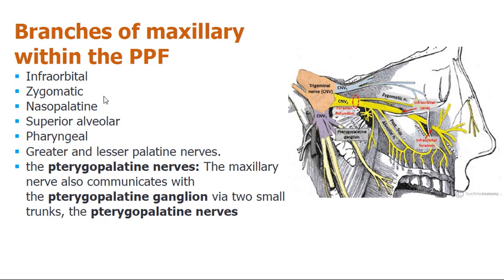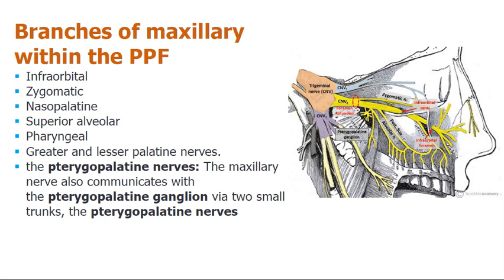We have, for example, the infraorbital nerve, which passes from the fossa through the infraorbital canal and then exits here through the infraorbital foramen. It's sensory to the area here. Also, we have the zygomatic branch, which leaves the fossa through the inferior orbital fissure, and also supplies the area there.